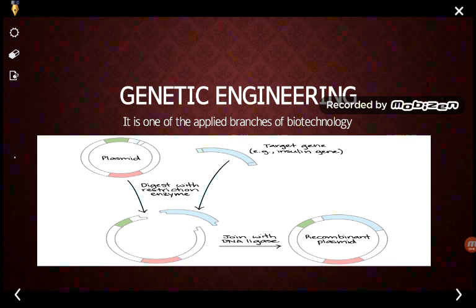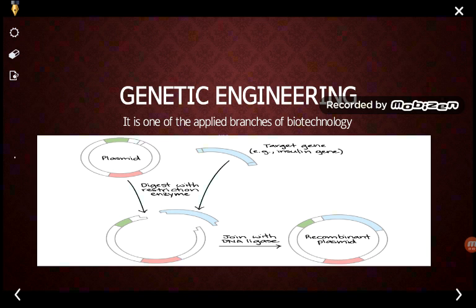Yesterday I already sent you a lecture regarding the tools in rDNA technology, recombinant DNA technology. Today we are going to see the topic recombinant DNA technology. Recombinant means recombining the DNA.